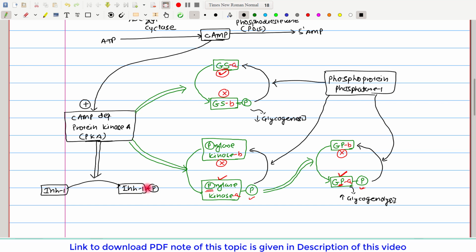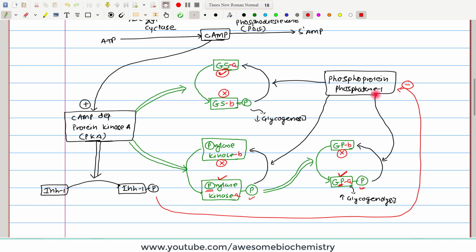And what will this inhibitor 1 protein do? This protein will inhibit this phosphoprotein phosphatase 1. So by this, what is happening? On the one side, it is causing phosphorylation of all these three molecules. And on the other side, it is inhibiting dephosphorylation of all these three.